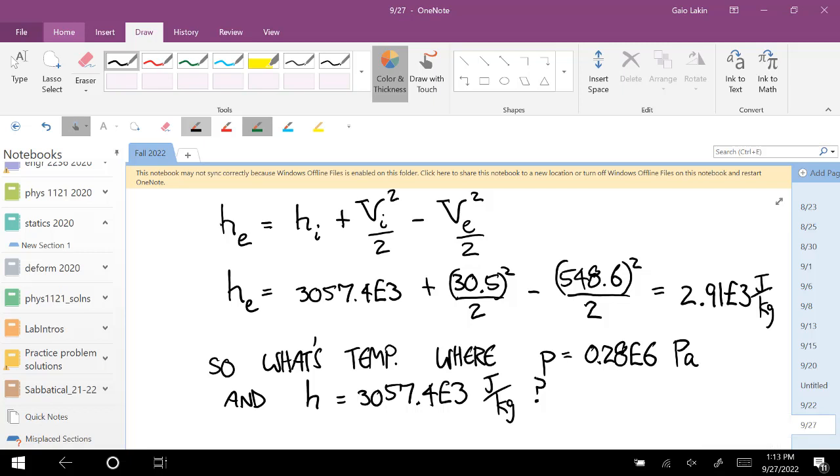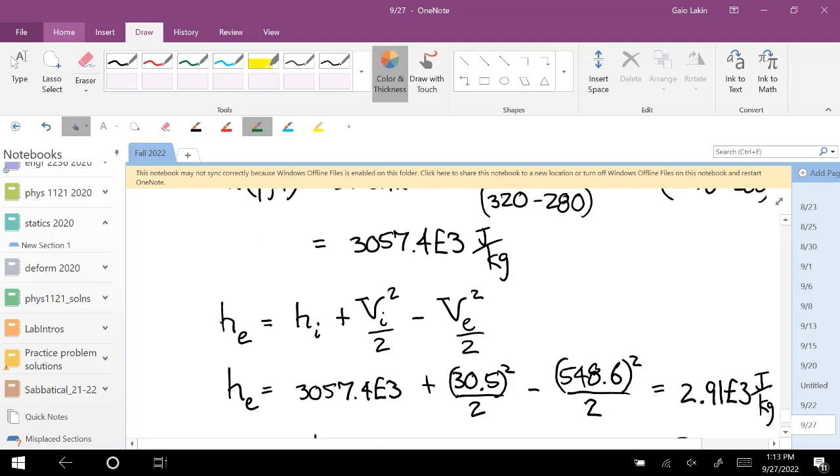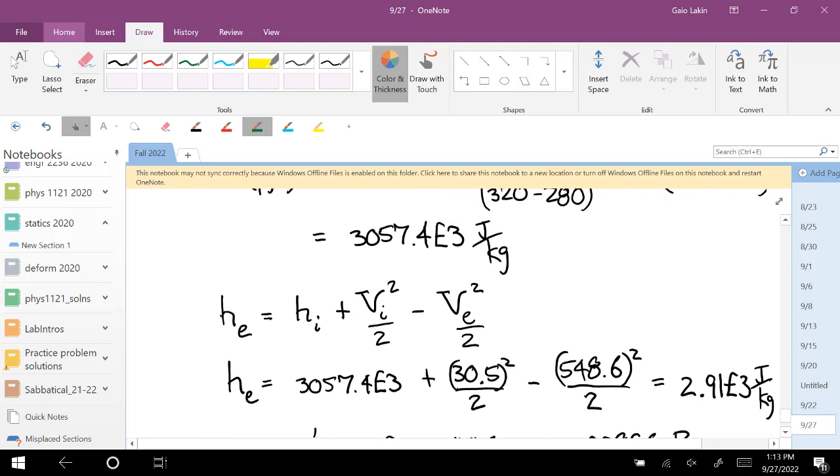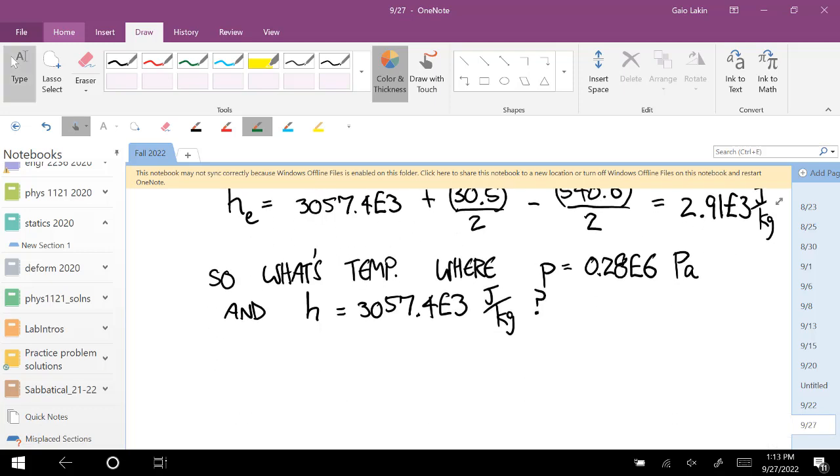That's the enthalpy of it. H is 2.91 times 10 to the third.